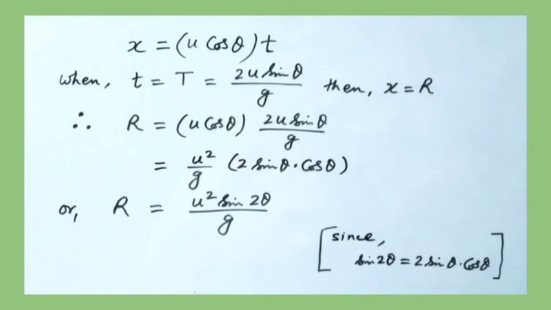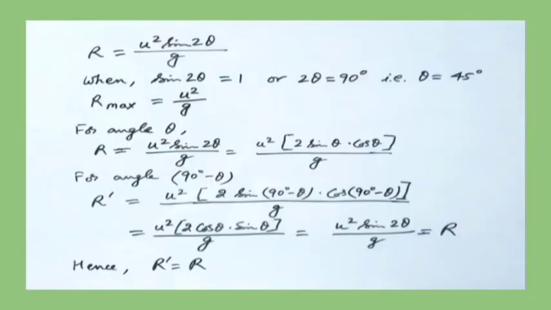When time is capital T = 2u sin θ/g, then x = R, and hence R = u cos θ · 2u sin θ/g, which is equal to (u²/g)(2 sin θ cos θ) = (u²/g) sin 2θ, since sin 2θ = 2 sin θ cos θ. Thus, horizontal range R = u² sin 2θ/g.